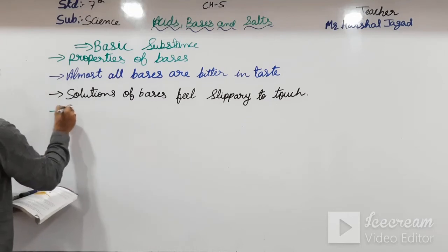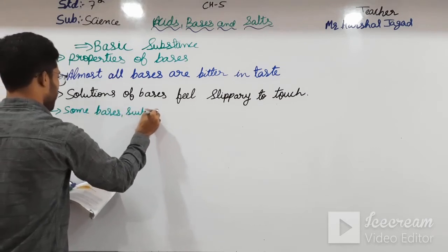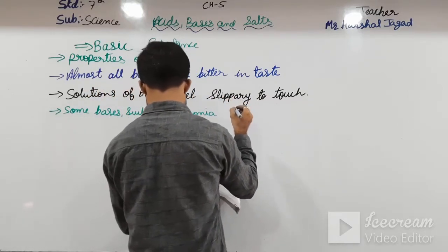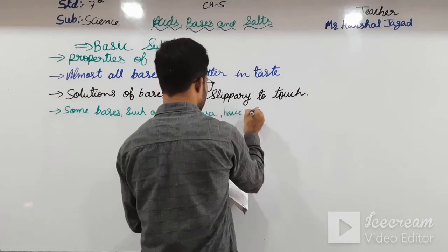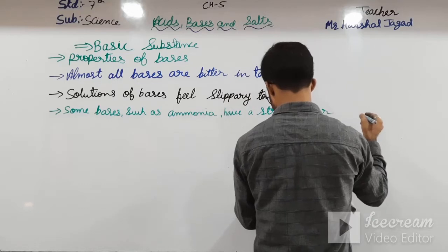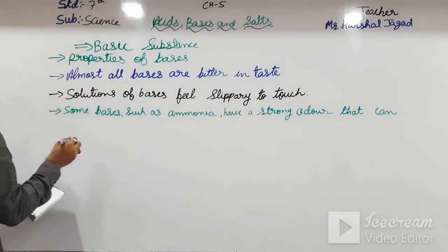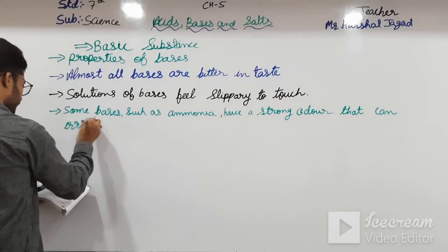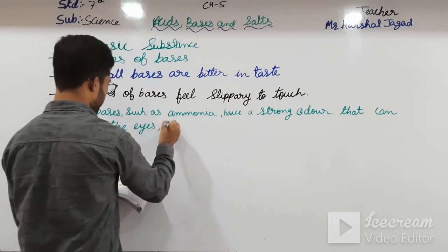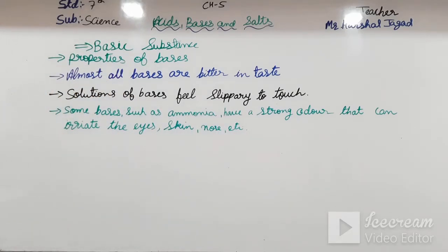So our next property is some bases such as ammonia have a strong odor that can irritate the eyes, skin, nose, etc. Okay students, they have a strong odor.